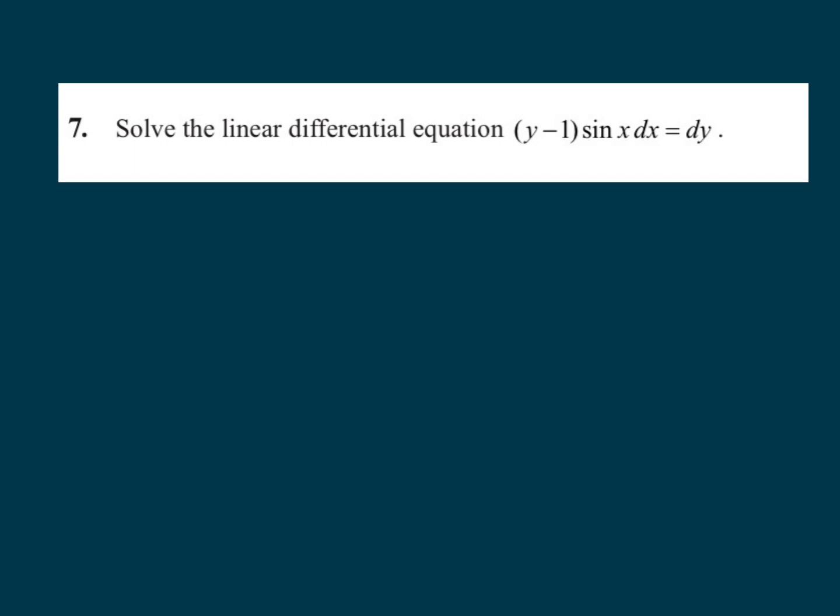So we divide by dx, and we will have dy/dx equal y minus 1 sine of x. If we put it in the standard form, it will be dy/dx minus sine of x times y equals minus sine of x.